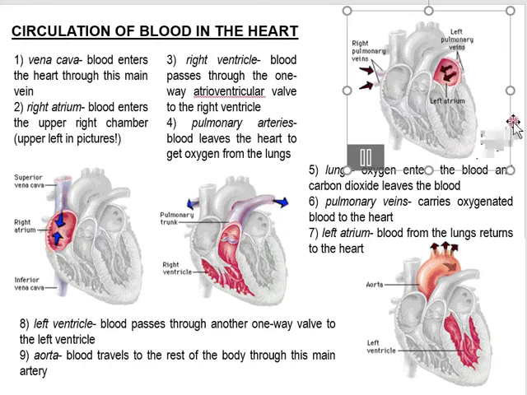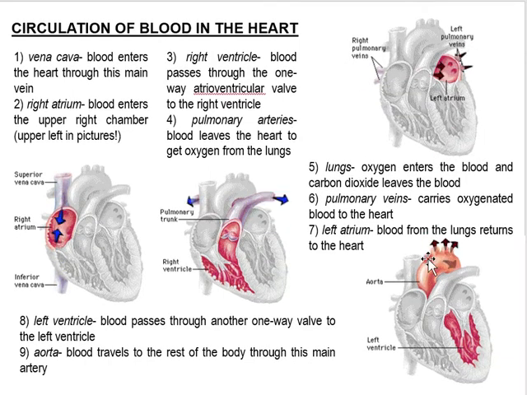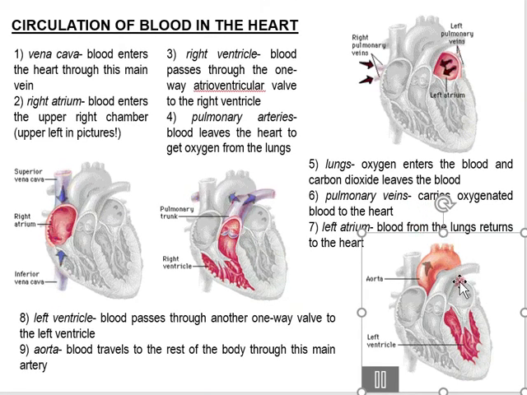From the left ventricle, the oxygenated blood is carried through the aorta to different parts of the body so that it supplies oxygenated blood all over the body to the living cells. So this is the circulation of blood.